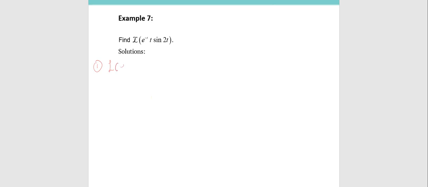the Laplace of e^(-t) t sin 2t is mapped to the Laplace of e^(at) f(t) equals F(s - a). You have an exponent function here, and here we have an exponent function. So the Laplace of e^(at) f(t) is equal to F(s - a).